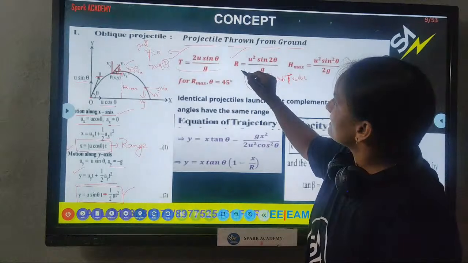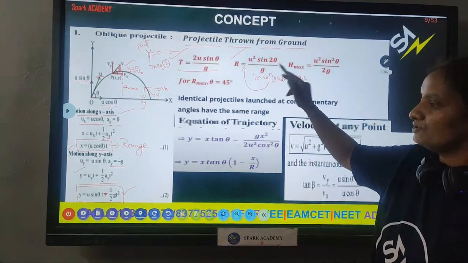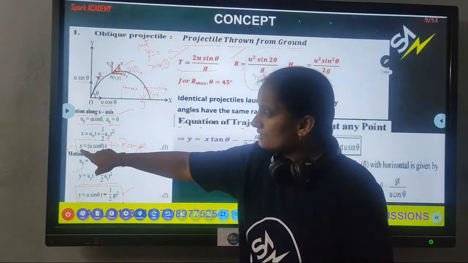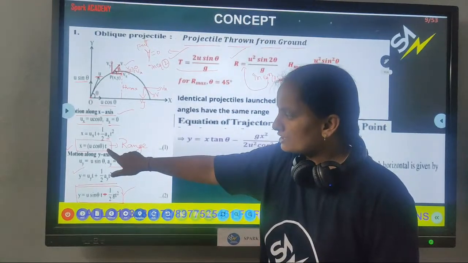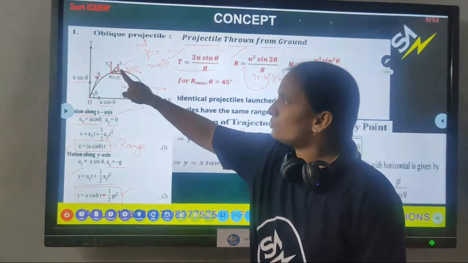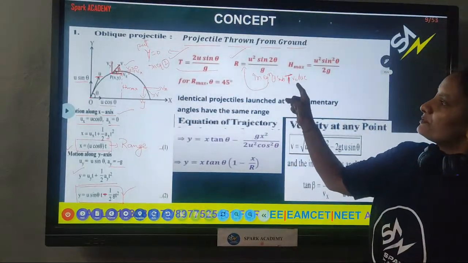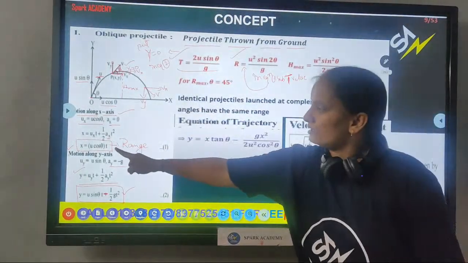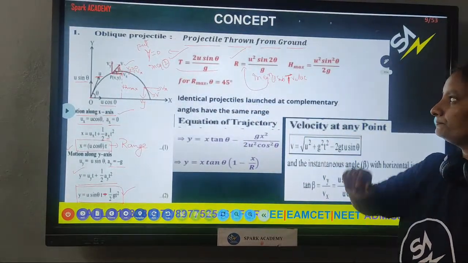Then by substituting that we get r is equal to u square sin 2 theta by g. This is the horizontal distance covered, which is called range.